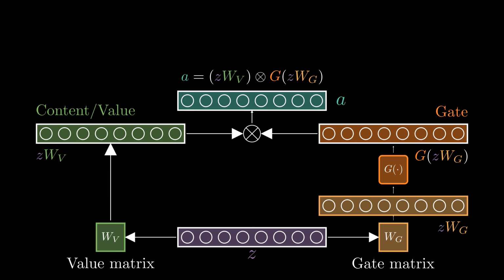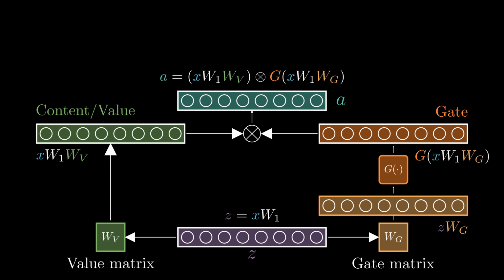Recall that the pre-activation vector Z isn't the original token itself. It's the result of passing the input token X through the expert's first layer, W1, which expands its dimensionality. We can thus express both the content and gate vectors in terms of the input vector X. Both the content and gate matrices are applied right after the expert's first matrix, W1.